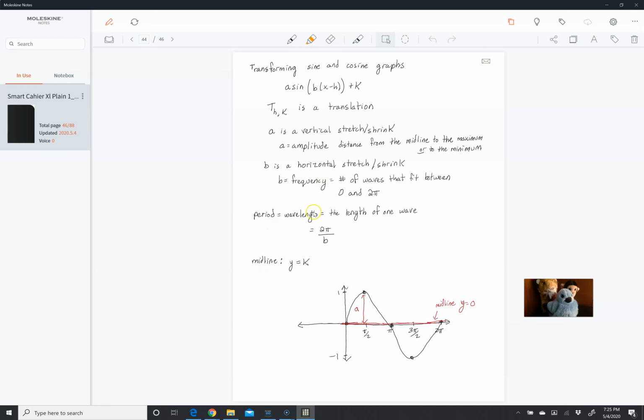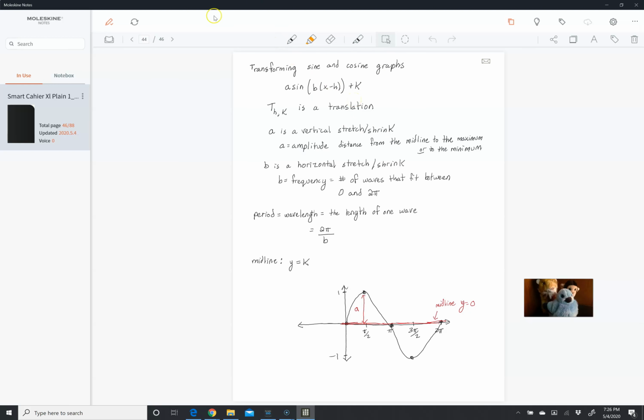If we change our frequency, then the length of the wave has to change. We translate it left or right, which doesn't really change much about what we identify in the wave. It just changes its location. And then we have the plus k, which moves it up or down. And the k is telling us where our midline is.